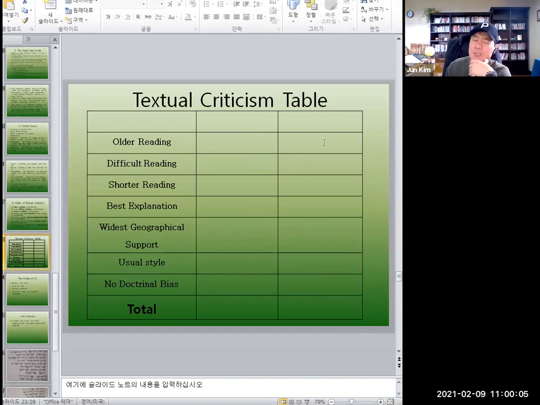But one more time, this is a very simplified way of doing textual criticism. Because, as I said, the textual apparatus doesn't provide every single piece of information about the variant readings of other manuscripts. So we cannot really depend on this given information in terms of earlier reading and difficult reading.